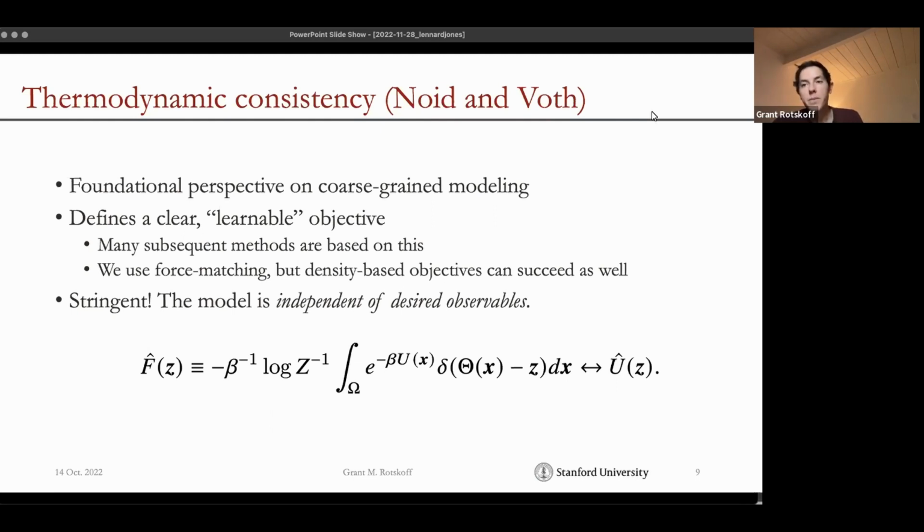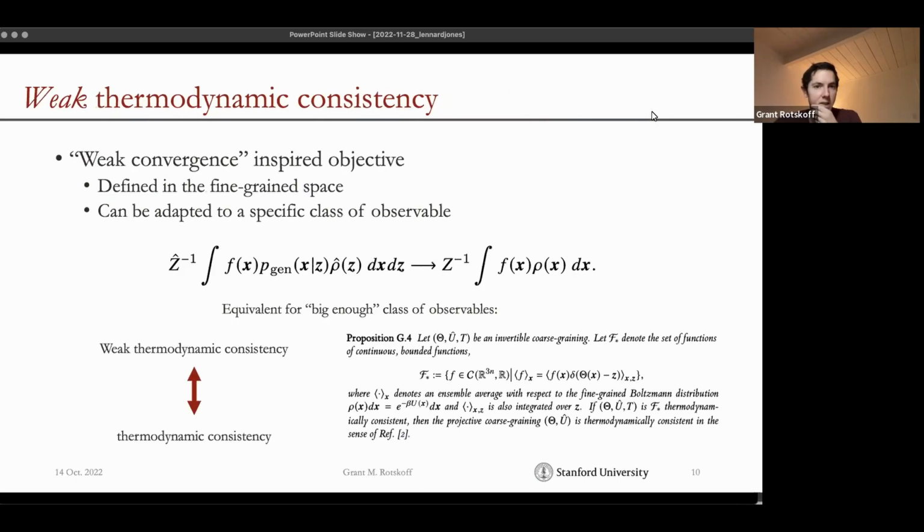However, with the inversion process, we have the ability to define convergence in the original space, and so that's what we do. We use an objective that's inspired by the notion of weak convergence in probability theory, which basically says that two probability distributions converge to one another if expectations computed over some sufficiently large class of observables coincide in the limit of a sequence of measures.